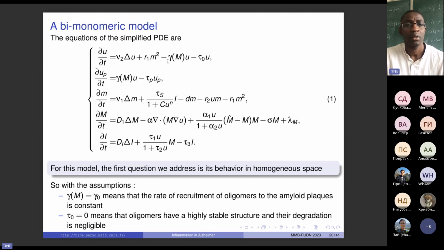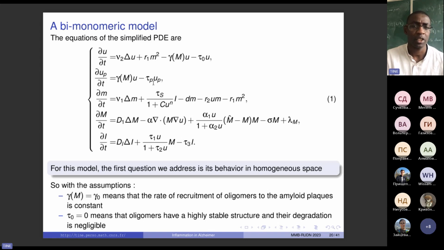Of course, this is the loss term when oligomers are displaced in the plaque thanks to the microglia cells, and this is just the degradation term. Of course, the equation for u_p, the oligomer in the plaque, is the same. The equation does not change. For the equation for monomers, of course, there is no proto-oligomerization process. So for the equation for monomers, we have here the diffusion term.